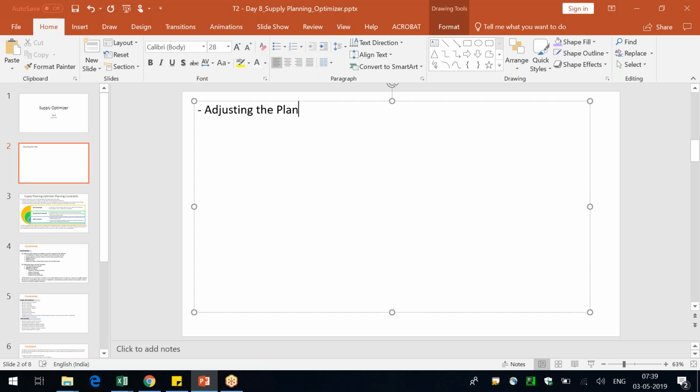To adjust the plan, there are adjusted key figures available. The planner has to go and maintain the value that he wants for the adjusted key figures and run the heuristic. So the results would be the same as what is maintained in the adjusted key figures. We have seen how to adjust the plan.